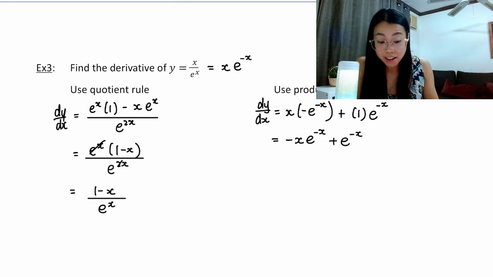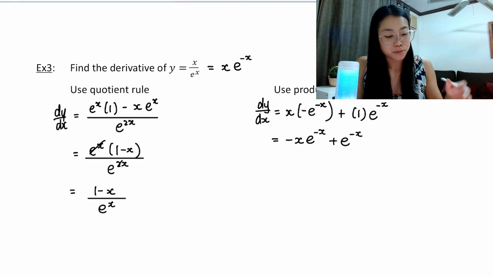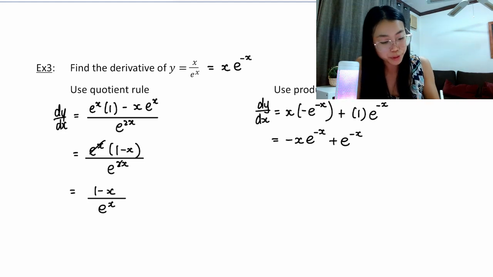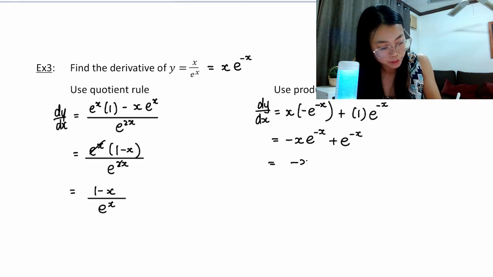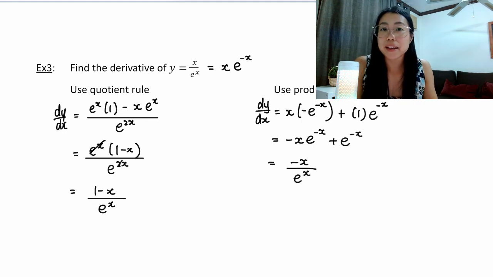All right, so right now, these two answers that we have don't look like each other at all. So let's rewrite what we have here on the right-hand side and see if we can make it look like the answer that we got on the left-hand side with the quotient rule. So applying my exponent properties, e to the negative x is just 1 over e to the x.